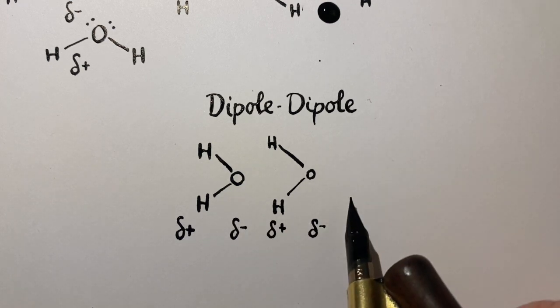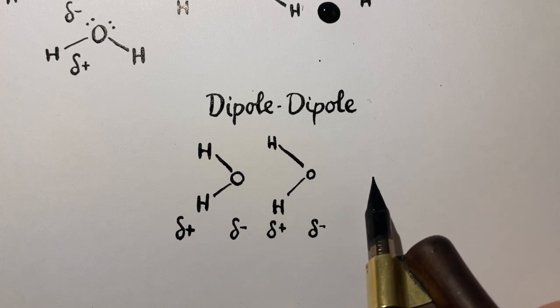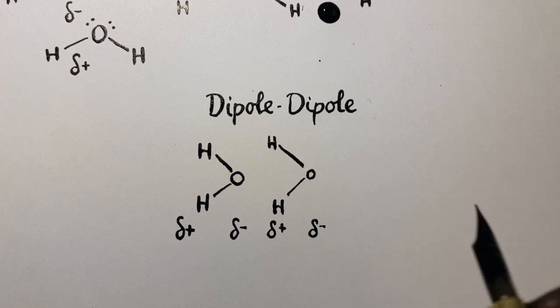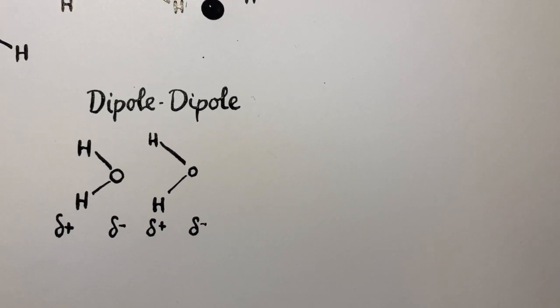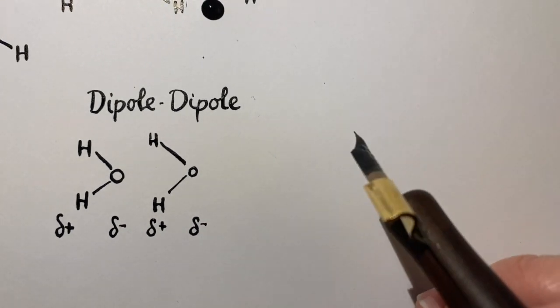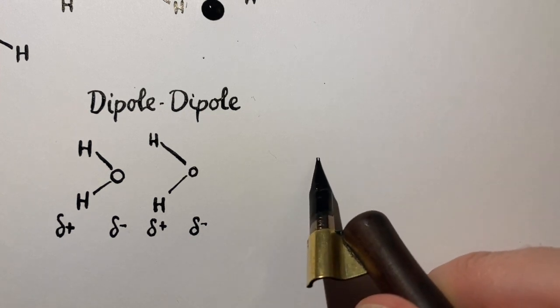That's called hydrogen bonding, but we will talk about that in a little bit. Here's just one example. Let me draw another example showing dipole-dipole. And that's going to be hydrogen chloride.